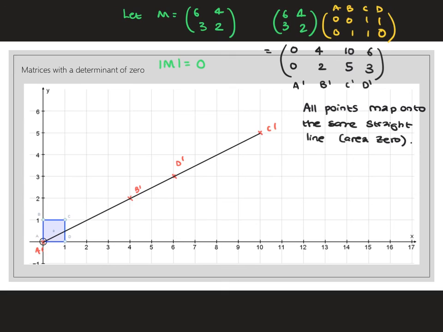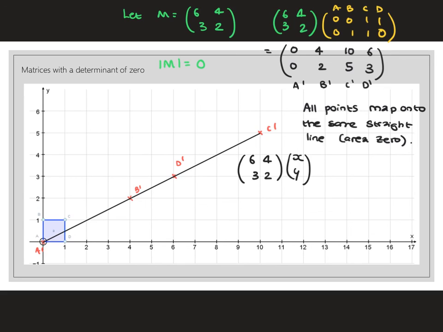Now, we can look at this in a general sense. Let's take the matrix M again, and let's apply it to a general coordinate (x, y), which could be any point in the Cartesian plane. It doesn't necessarily have to be a point on the unit square. The use of the unit square is just so that it makes it easier for us to see and understand the area scale factor connection with the determinant.